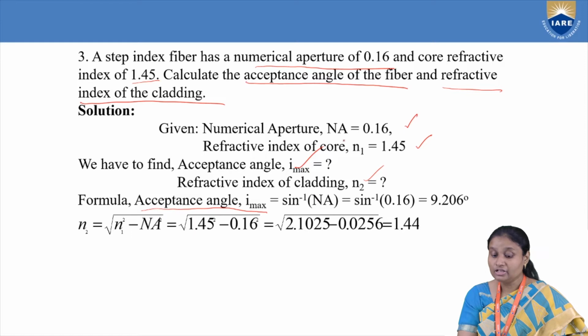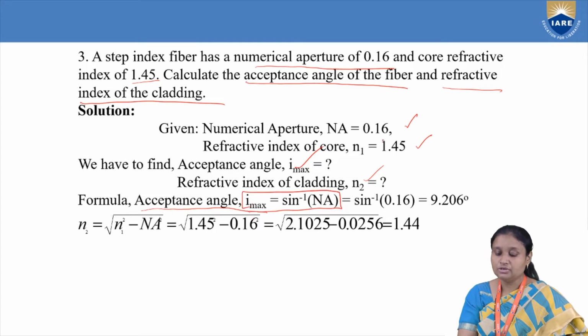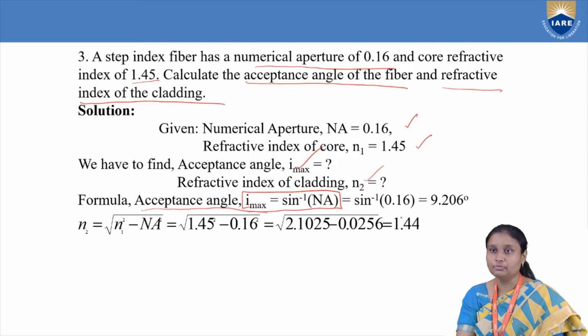Because we are given the value of numerical aperture, we'll use this formula. What is our numerical aperture? 0.16. So sine inverse of 0.16, when we simplify it, comes out to be 9.206 degrees.